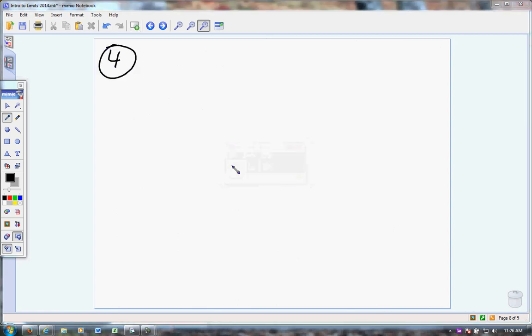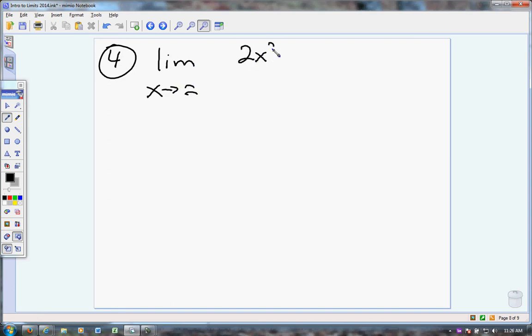Let's look at another one. How about this function? The limit as x approaches 2 of 2x squared minus 5x plus 2 all over 5x squared minus 7x minus 6.